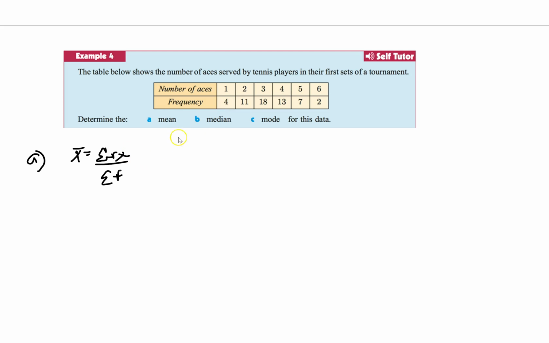So f times x just multiplies. It's going to be 1 times 4 plus 2 times 11 plus 3 times 18 plus 4 times 13 plus 5 times 7 and plus 6 times 2. That's all that top part means, right? The frequencies times the x values, then add them up. The sigma means add.